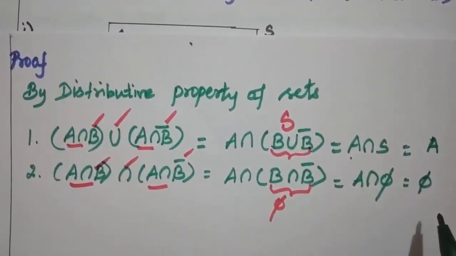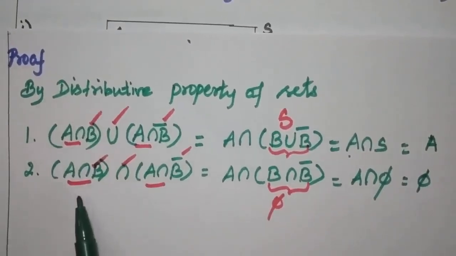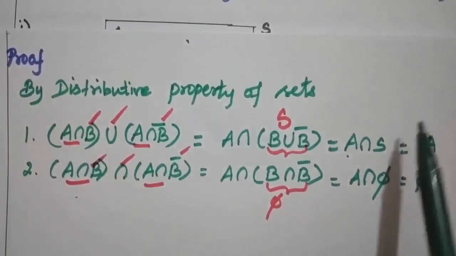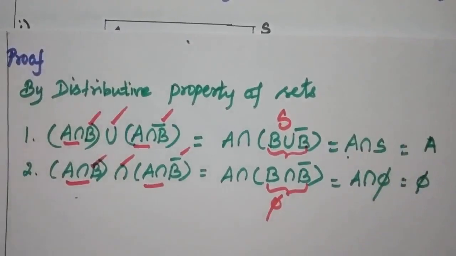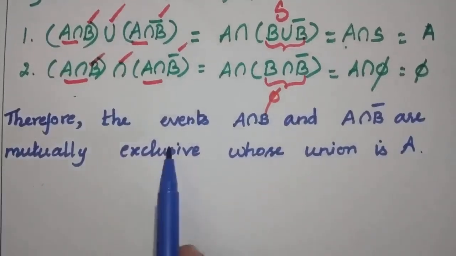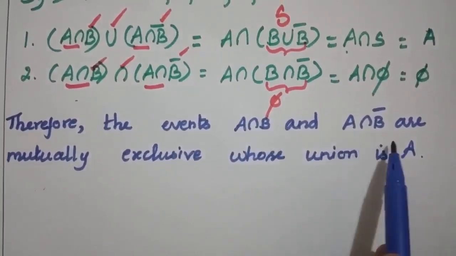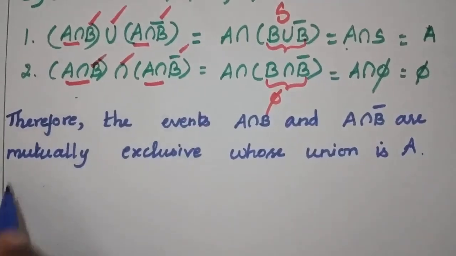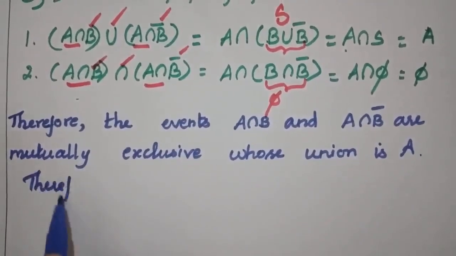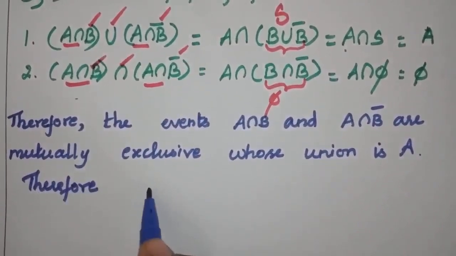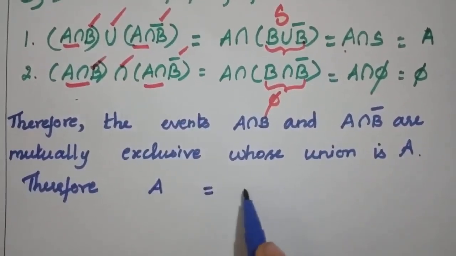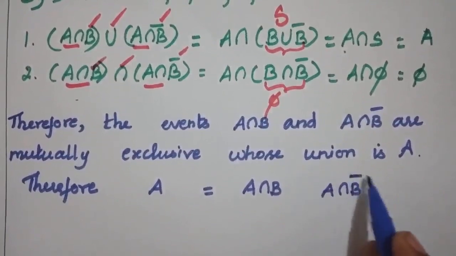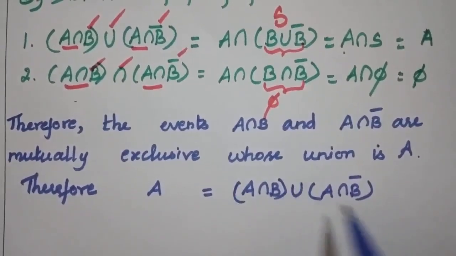From this we can say that these two events, A intersection B and A intersection B dash, are mutually exclusive, whose union is A. Therefore, we can write A as the union of the two events A intersection B and A intersection B dash.